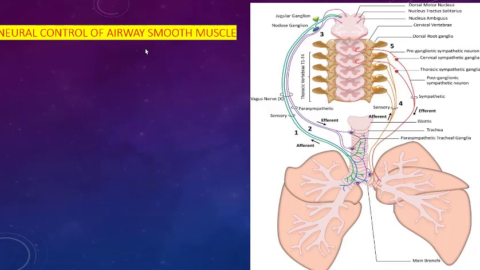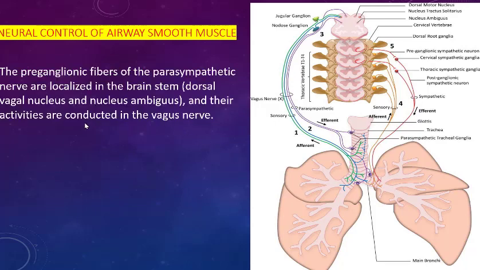Neural control of the airway smooth muscles, or the respiratory system. The preganglionic fibers of the parasympathetic nerve are localized in the brain stem, the dorsal vagal nucleus and nucleus ambiguus.